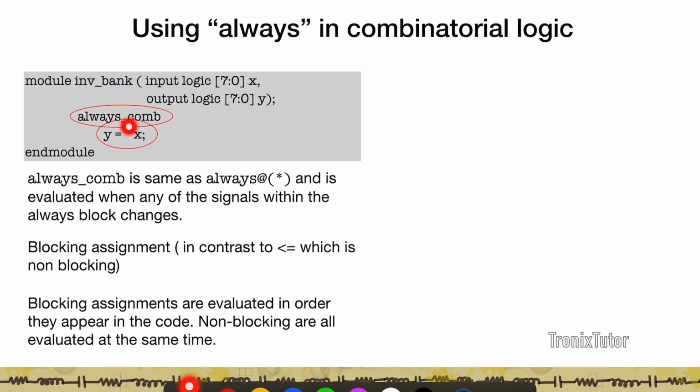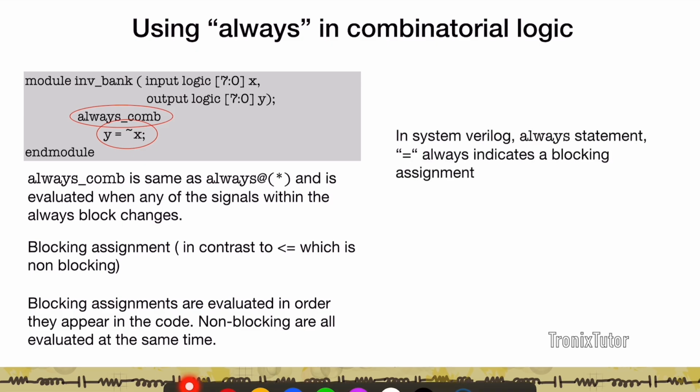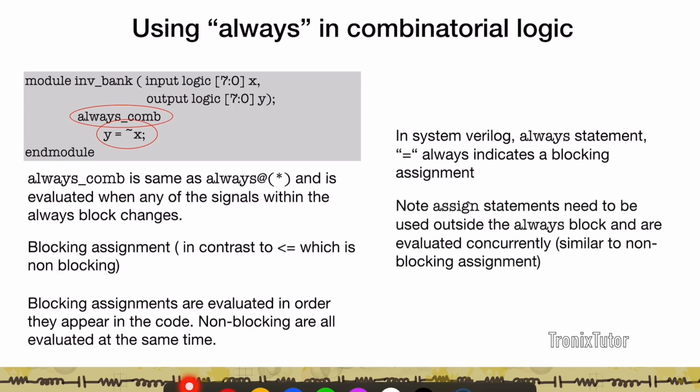If you use non-blocking, they're all going to be evaluated at the same time. So whenever you're doing combinatorial logic using always, we'll always use the blocking assignments. We will not use non-blocking assignments typically for combinatorial logic. And if you want to use an assign statement, assign statements are generally used outside the always block. So the way Verilog compiles, when you're using an always block for combinatorial logic, you want to use it with the blocking statement inside.